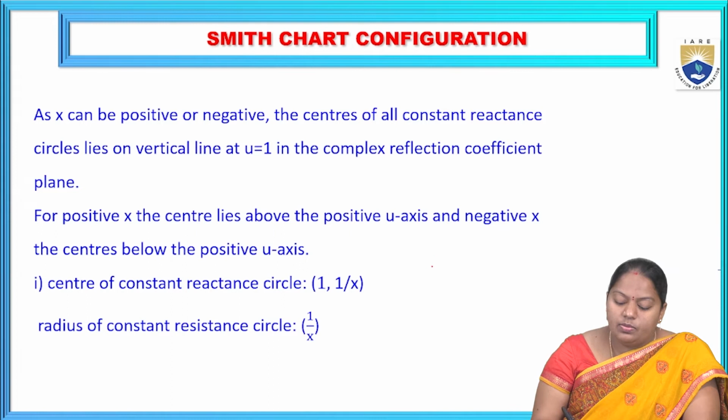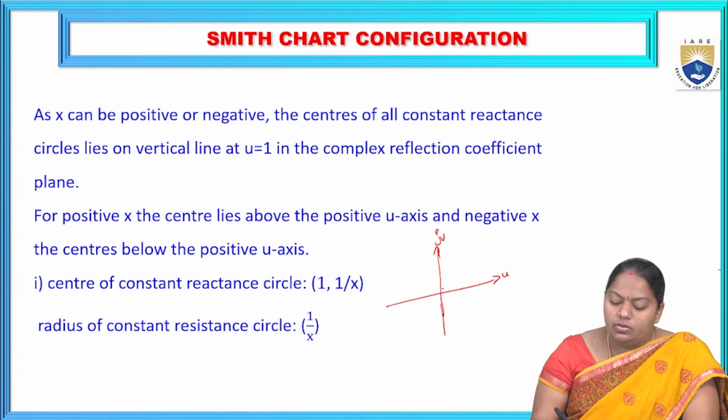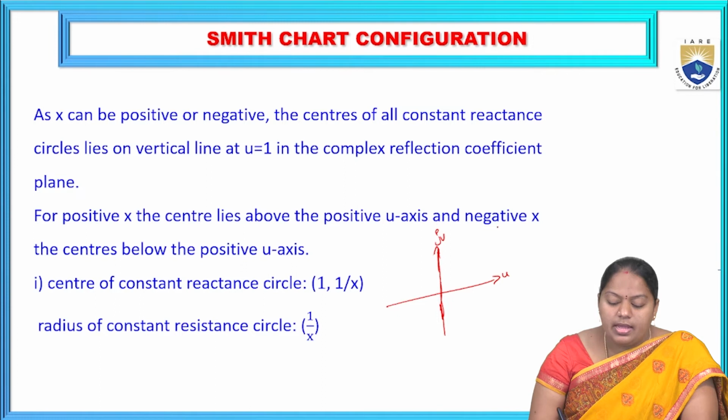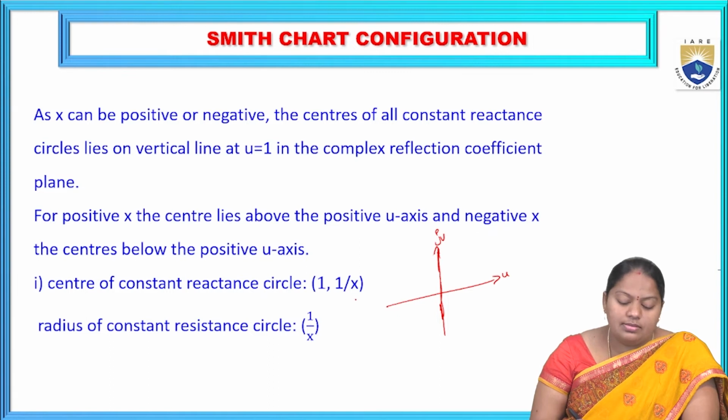Vertically means the imaginary axis as jv and the real axis as u. For a positive x, the center lies above the u axis, and for negative x values, the center lies below the u axis.